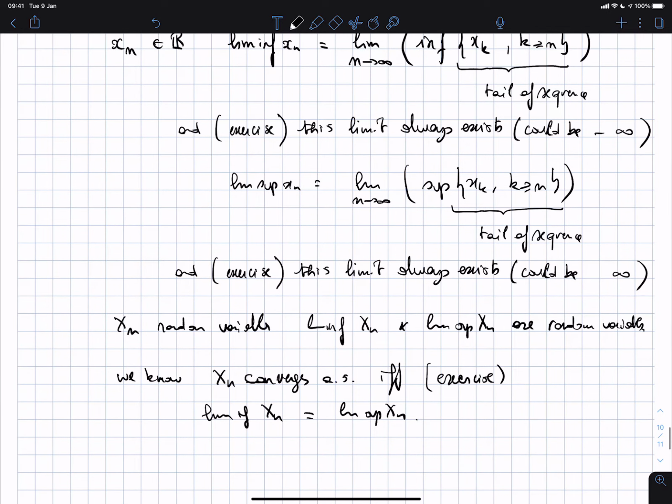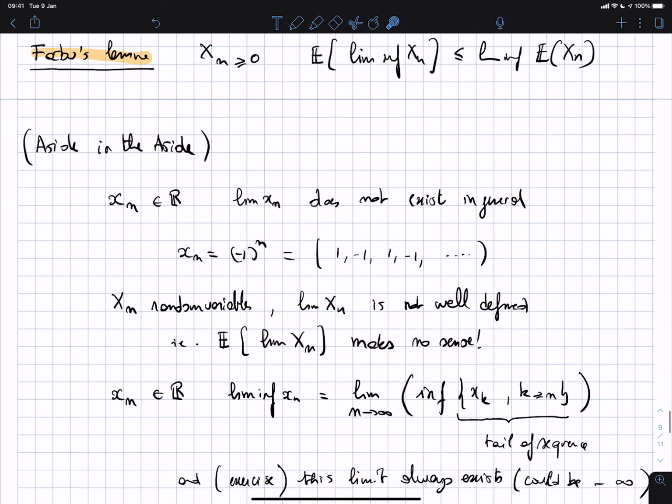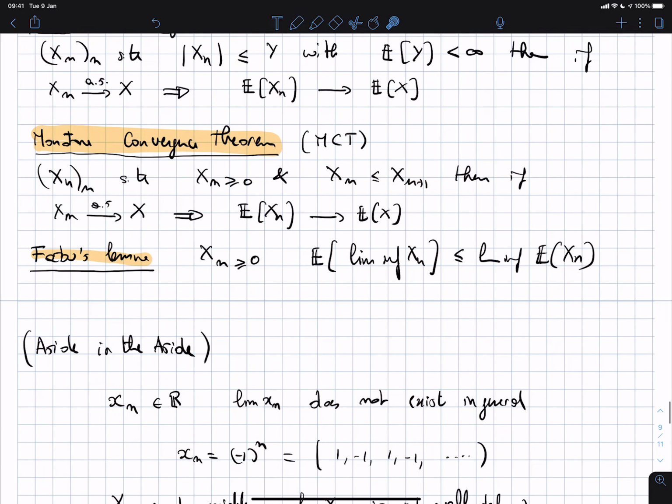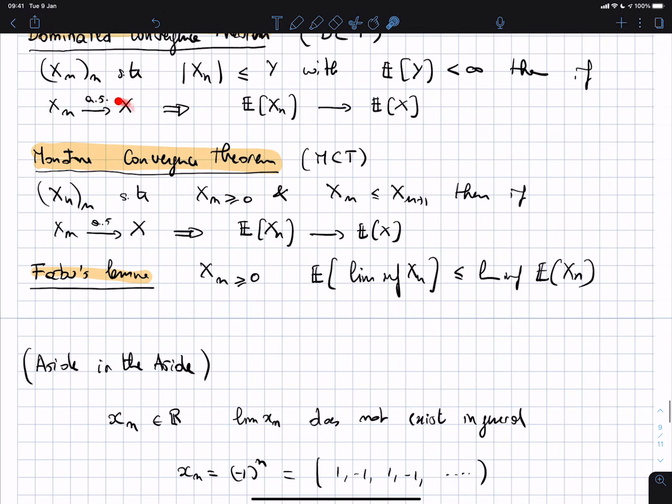And that's why if you want to mention an expectation of a limit of a sequence, well, in general, if you don't want to impose convergence, so here we impose convergence to deduce something. If you don't want to impose convergence, well, you can't write the limit.